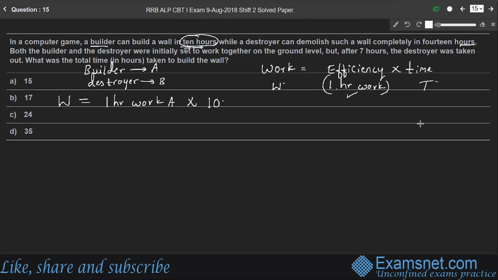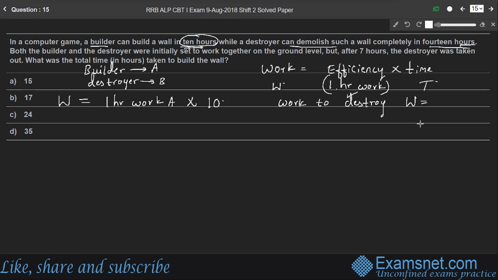Right? So in order to demolish the same wall, the destroyer takes 14 hours. That means the work to be done is the same. In the first case, it is building a wall. In the second case, it is destroying a wall. So the work to destroy will be the same because the same height and dimension of the wall will be destroyed here.